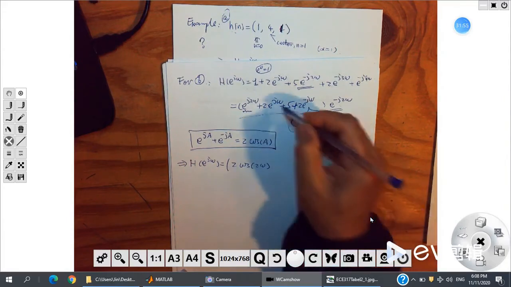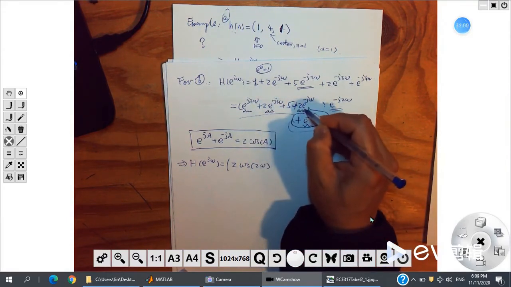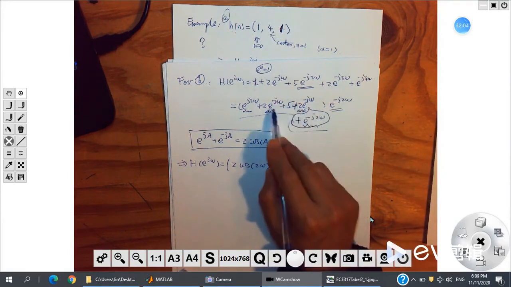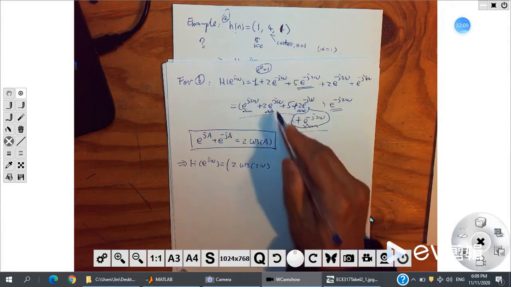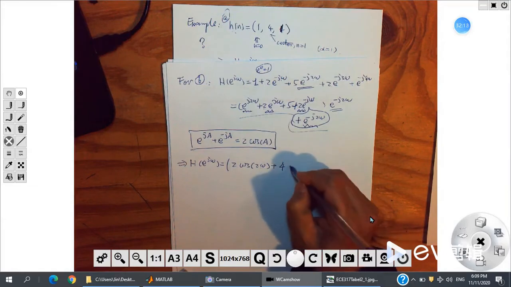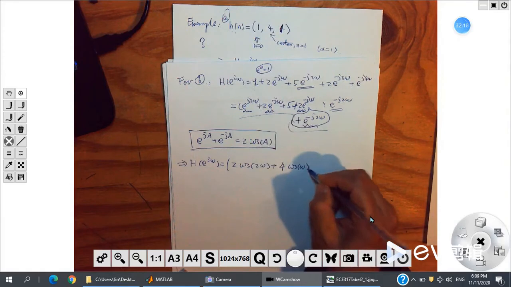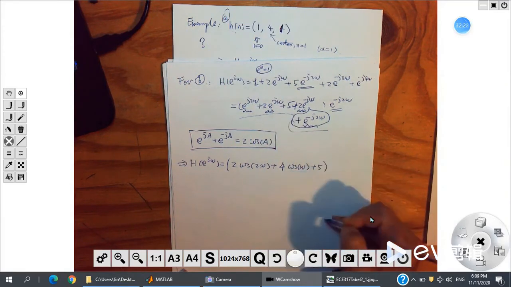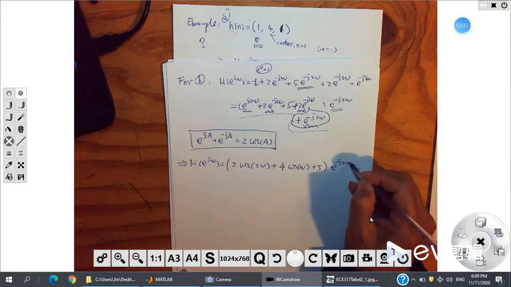And then this one and this one: this is also e to the j omega, e to the negative j omega, so e to some ja, e to some negative ja. Then this will be 2, okay, I already have a 2, so here should be 4. 4 cosine of, where a is omega. Alright, and 5 is already a real number. And here I just called it negative j 2 omega.